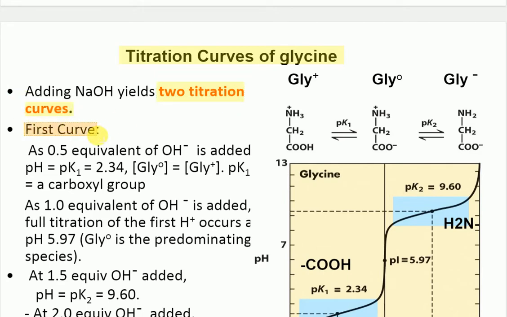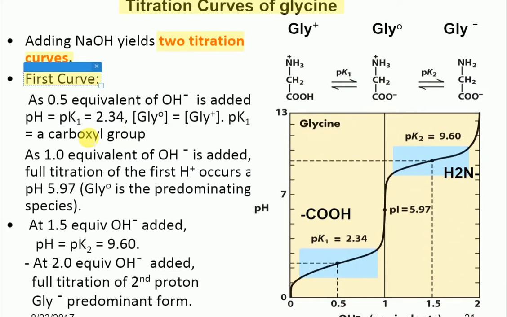The first curve: as 0.5 equivalents of hydroxide is added, the pH is equal to the first pK, which is 2.34 for glycine. pK1 is the carboxyl group. So there is our carboxyl group, pK1.